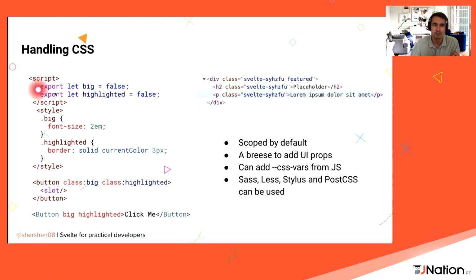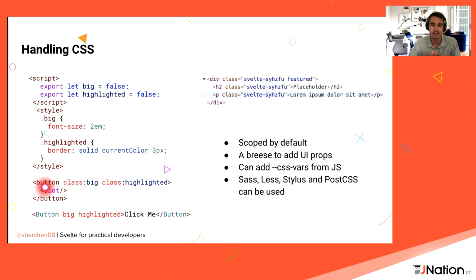Remember the export keyword: when you state this property in the parent component, the value of this property inside the button component becomes true, and that automatically takes the CSS class and applies it to the button. So this is a really pretty straightforward way to create advanced components inside your application.